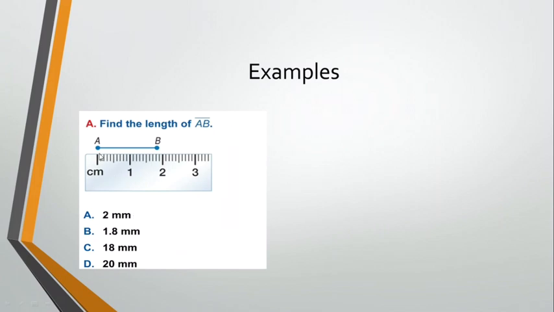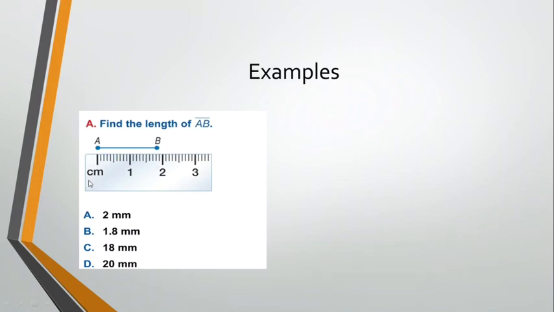Here is an example of how we measure on a number line. So if we find the length of segment AB, A starts at 0 and it goes to a number that is between 1 and 2. So if I go here and I count, I get 1, 2, 3, 4, 5, 6, 7, 8 segments. So that means it's going to be 1.8 centimeters.